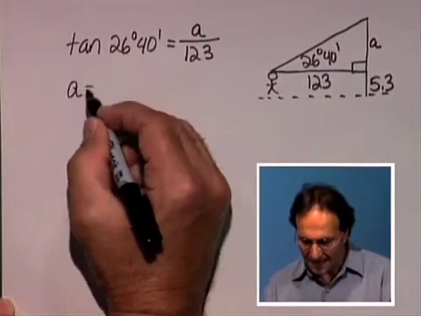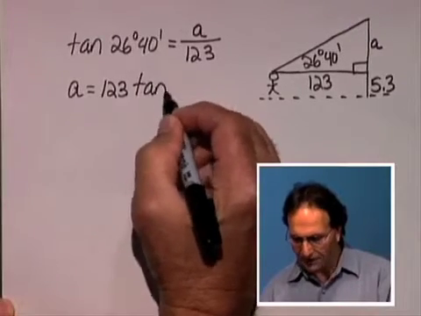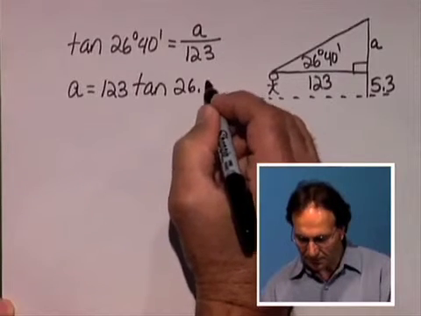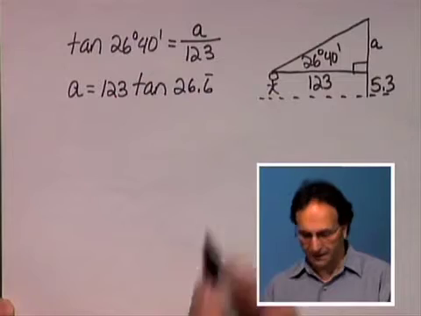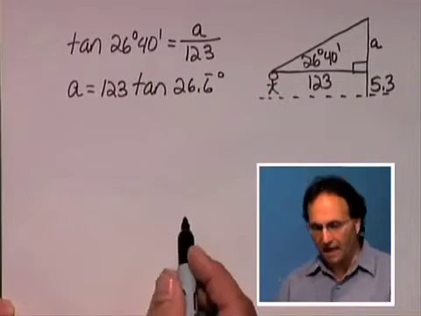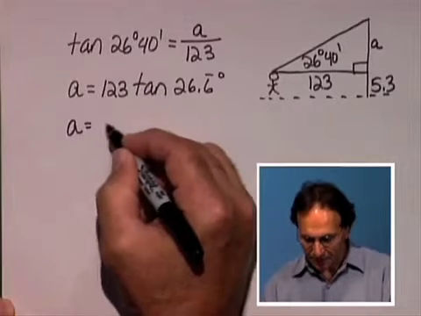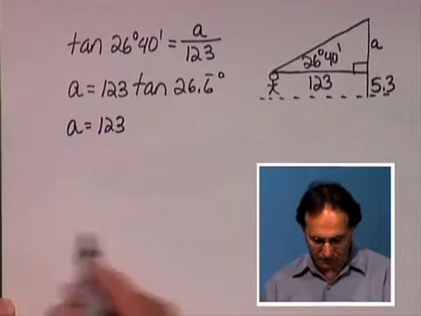So we'll have A equals 123 times the tangent of 26.6, and it's actually repeating degrees. So in terms of the calculator, we can substitute all that information in. We have A is equal to 123.